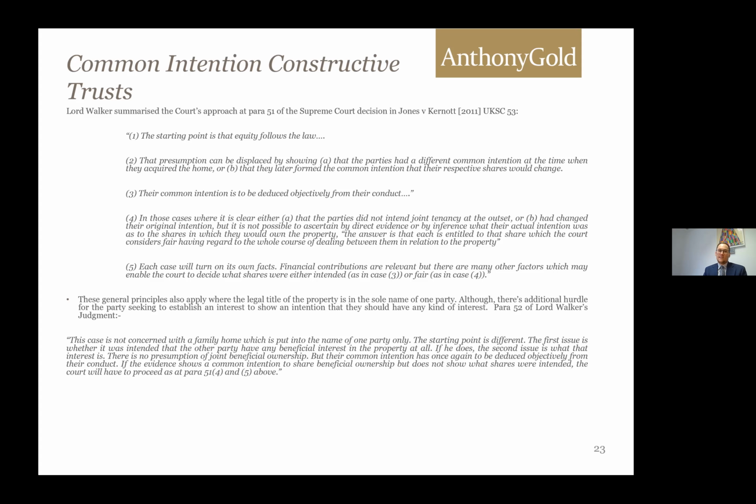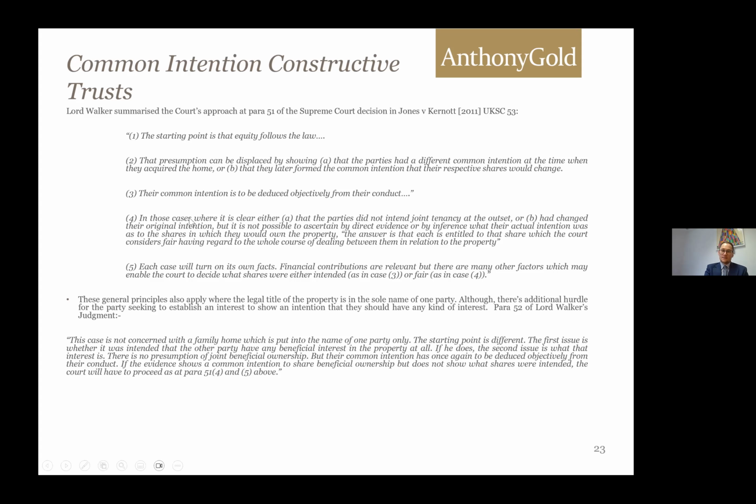If that is established, then they would look at the second element of reliance and detriment and a change of position. Where that first element isn't clear and there isn't a clear agreement, then the court, as per point 3, can infer what the common intention or the agreement was with an objective assessment of the conduct and the change of position and what actually happened.